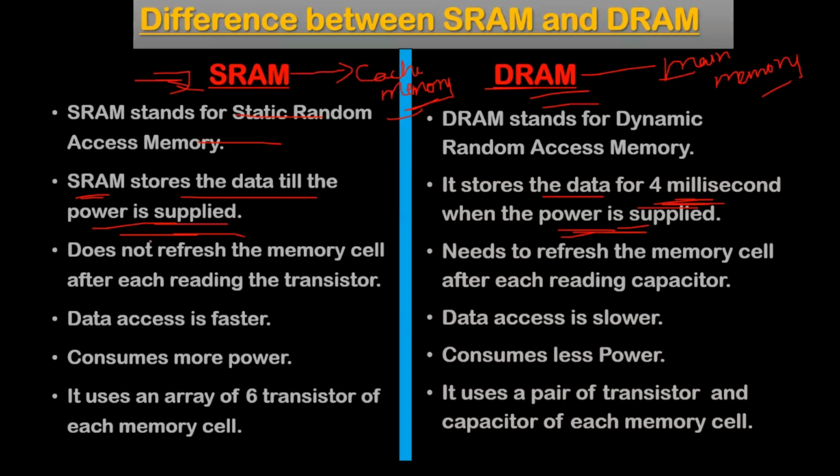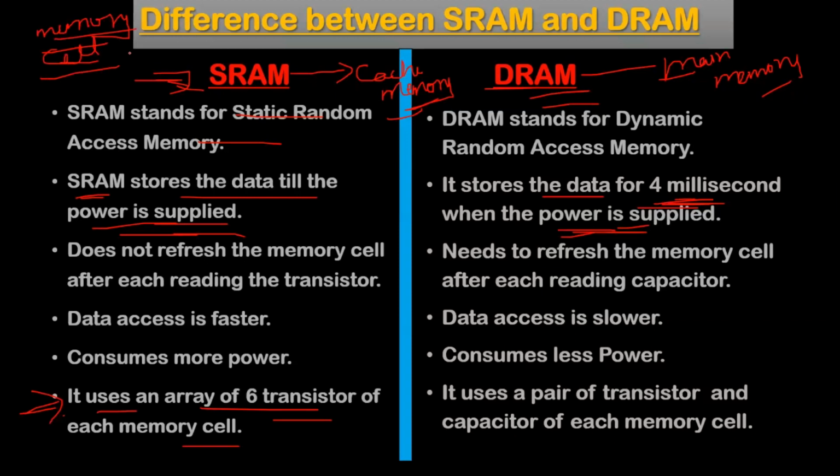And here you can see the reason for that. In the last topic first, it uses an array of 6 transistors for each memory cell. There is one concept: for any type of memory, that can be your RAM, your cache memory, your hard disk, any type of memory, we have some memory cells, and our data will be stored in those memory cells.